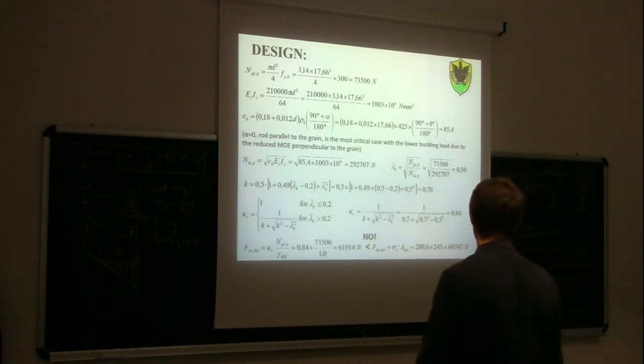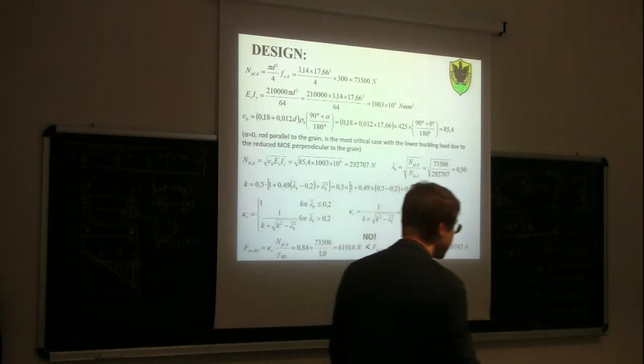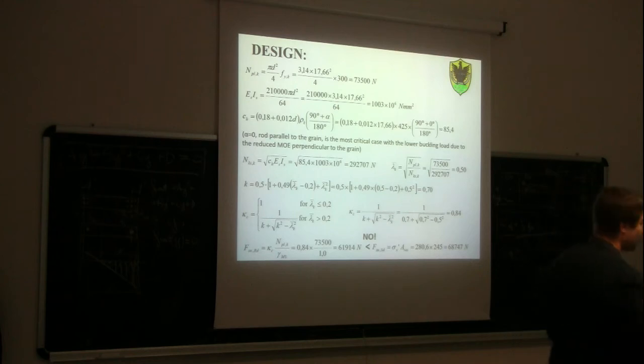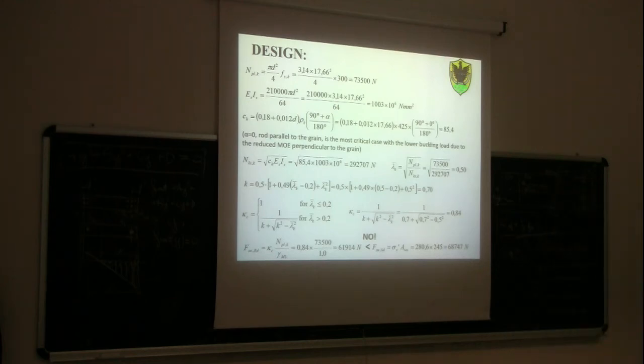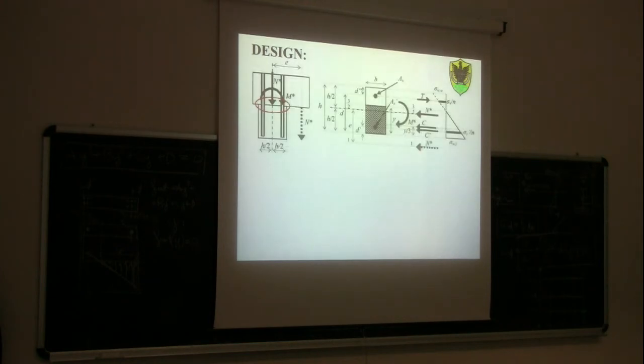So as you can see, the design is not so simple. We have to make an assumption, check, then correct the value and so on. You have to continue changing until all the verifications are satisfied. So what we have to do is either increase again the breadth of the column, or increase the number of rows.